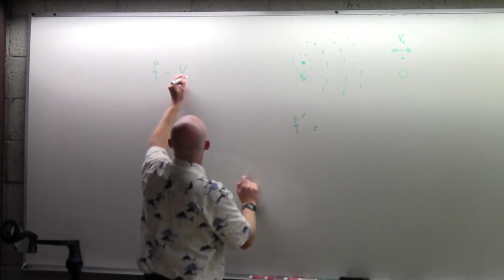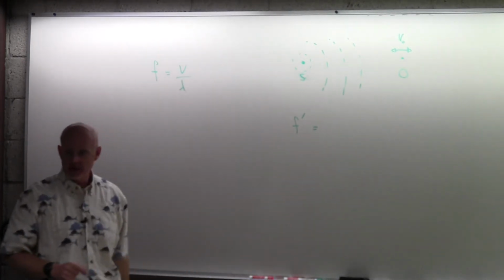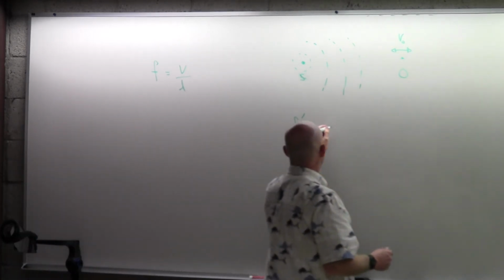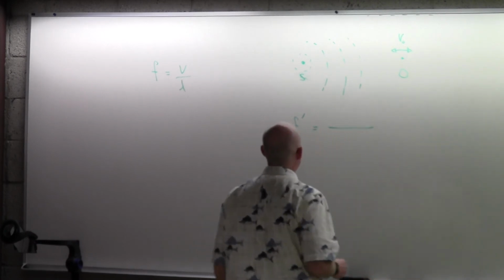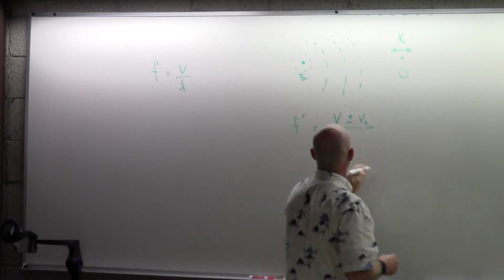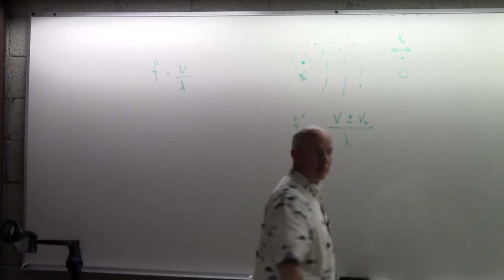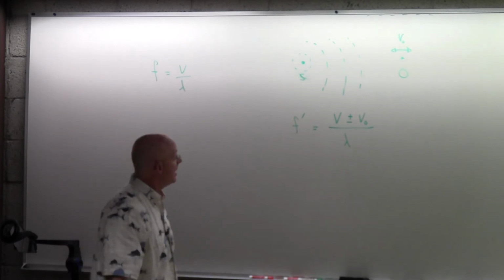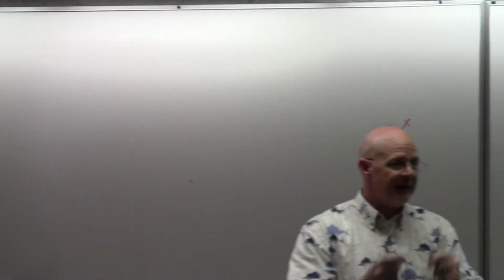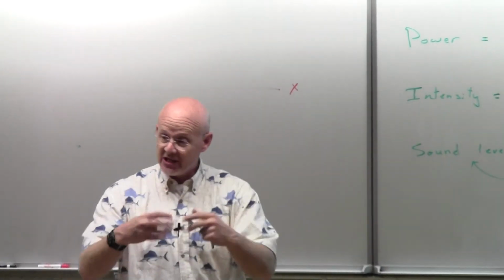What would I get? Well, maybe I'll come over to here. If there was no motion, wouldn't this be the calculation for frequency? Velocity of the wave divided by its wavelength? And so I would say this could be modified simply by saying the frequency that I, the observer, are going to pick up is a little bit higher if I'm moving towards by the speed I am moving towards.